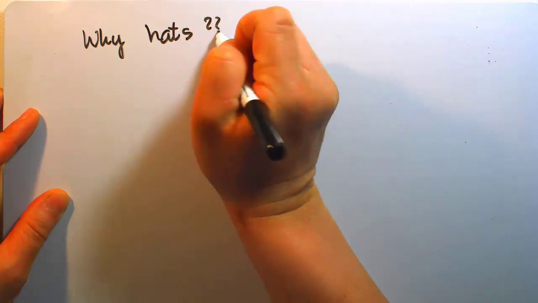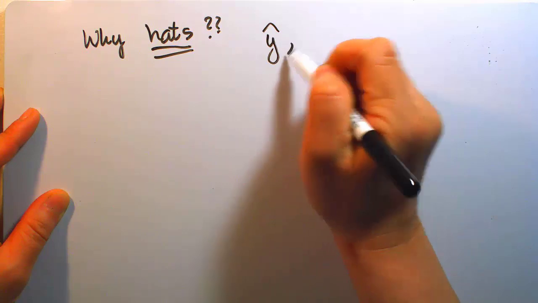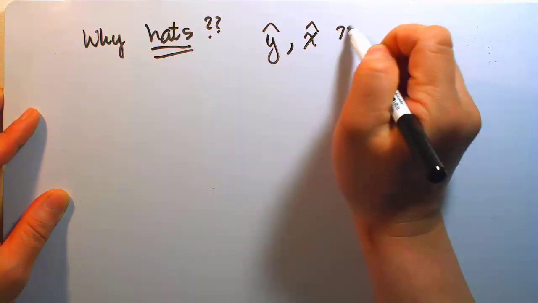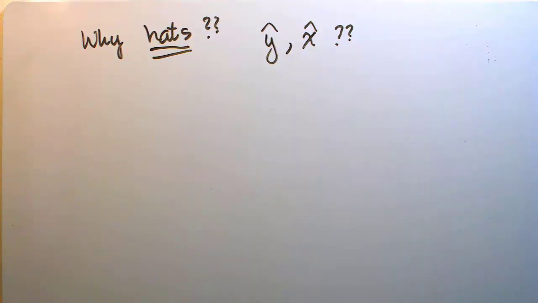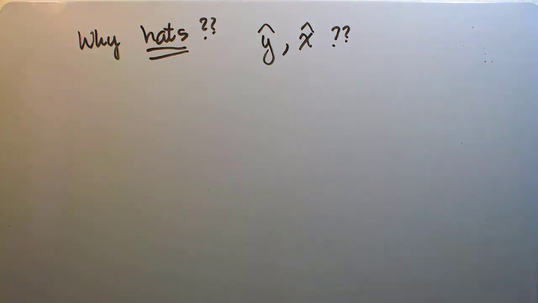All right, so now it's time to answer those questions, sort of like why hats? Why putting hats over our variables, like say y hat and x hat are here? Why not use the traditional, plain old variables x and y? So here's the reason why.